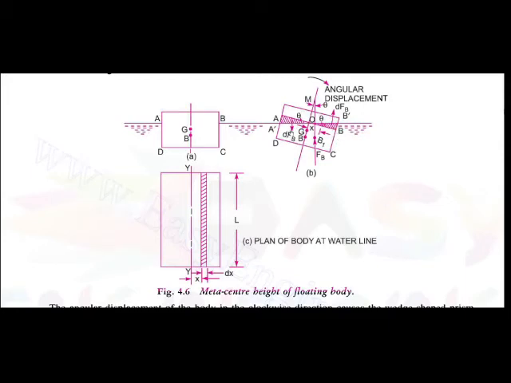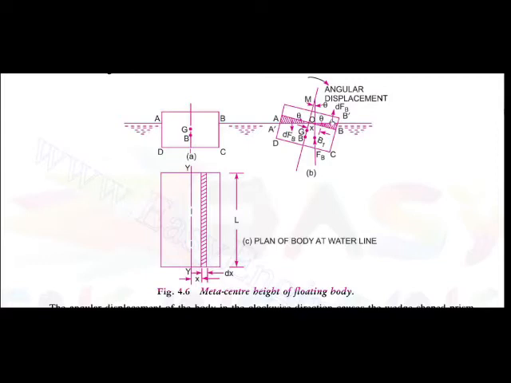These are forming a couple. Due to these two forces the couple is there. Here the angular displacement is in the counterclockwise direction, so from dF to dF the couple is in the counterclockwise direction.